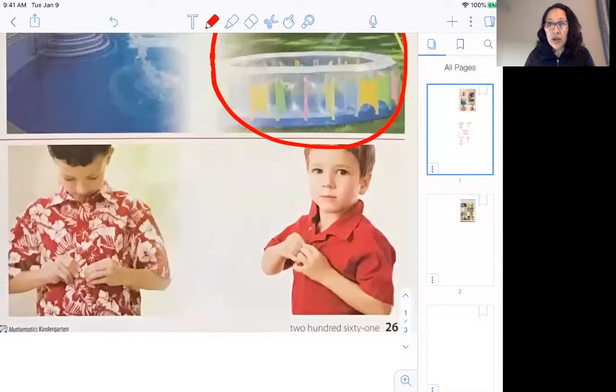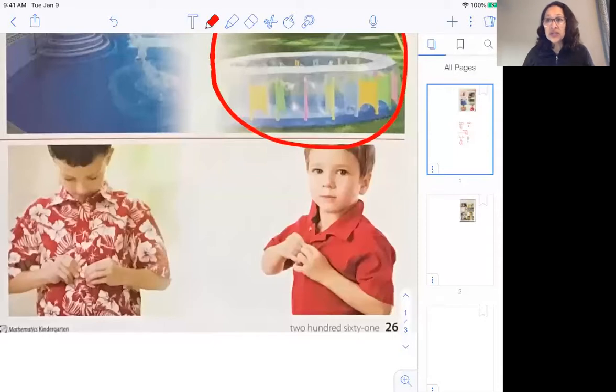And the little boy on the left, he has that beautiful red and white Hawaiian shirt. That is a shirt that has buttons all the way down and it opens up, right? The one with the red polo shirt, you have to pull it over your head, right? And it only has a few buttons on the top.